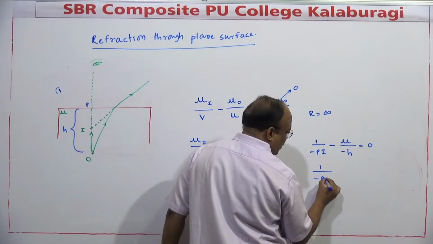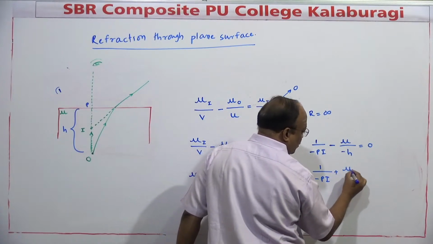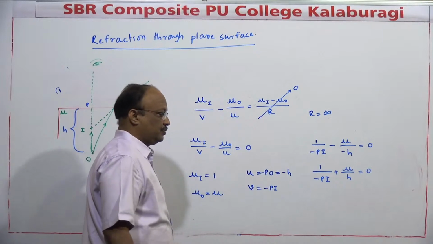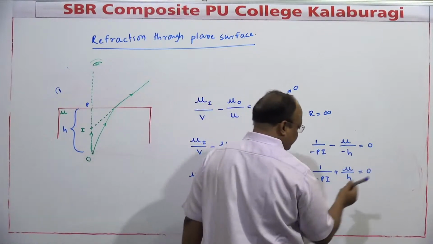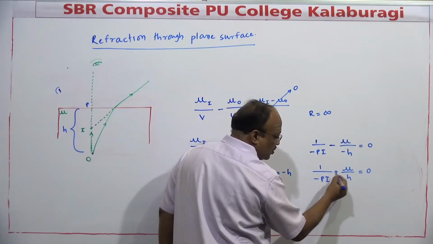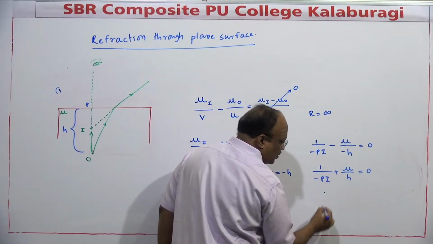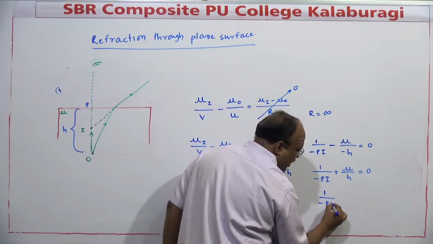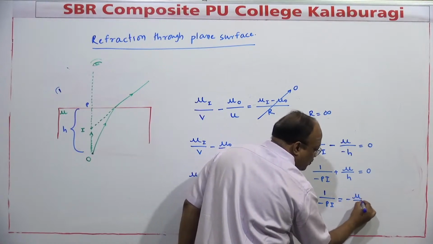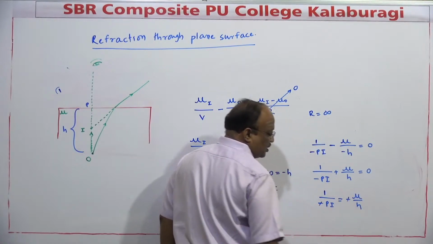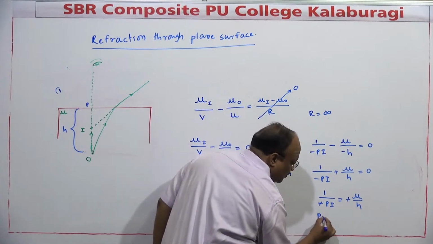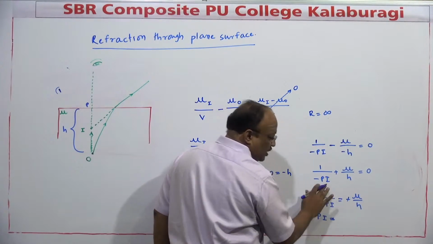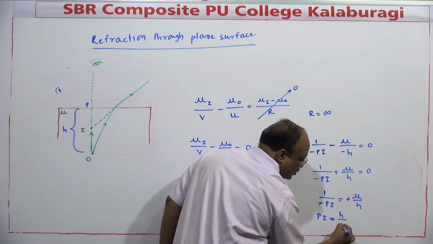So it is 1 by minus PI plus mu by H is equal to 0. If you take it to that side, 1 by minus PI is equal to minus mu by H. So the minus signs cancel, and reversing it, PI is equal to H by mu.